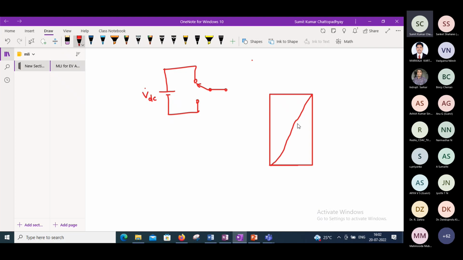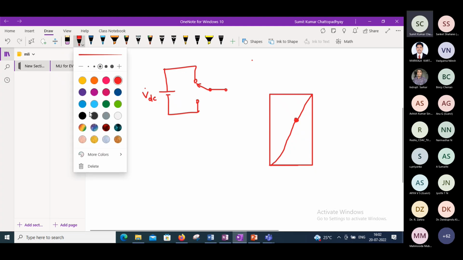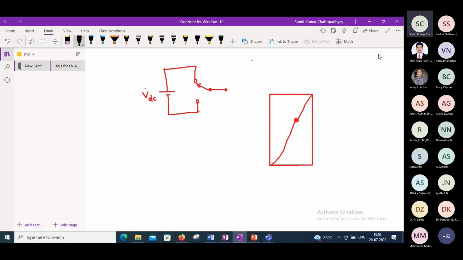Just forgive me and consider that this is a straight line. This is a diagonal. And on this diagonal, any arbitrary point I'm taking, this is the arbitrary point. And above this arbitrary point, I'm drawing one horizontal line and a vertical line.